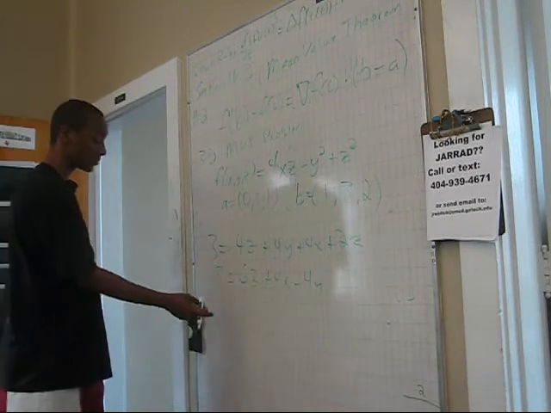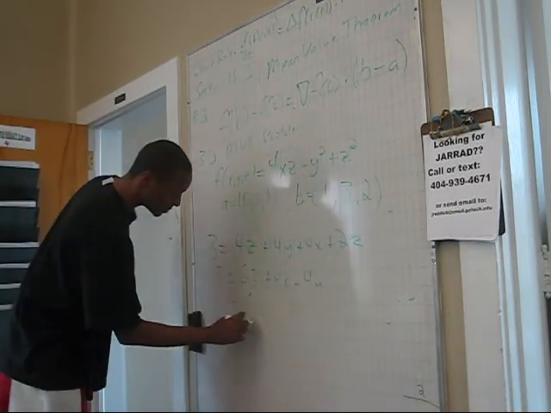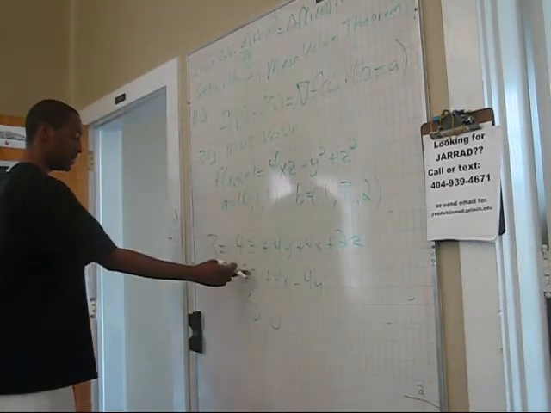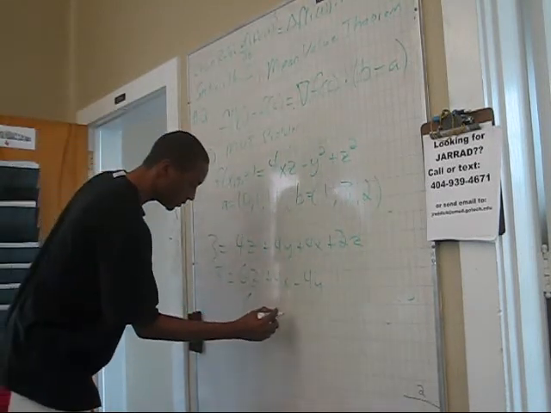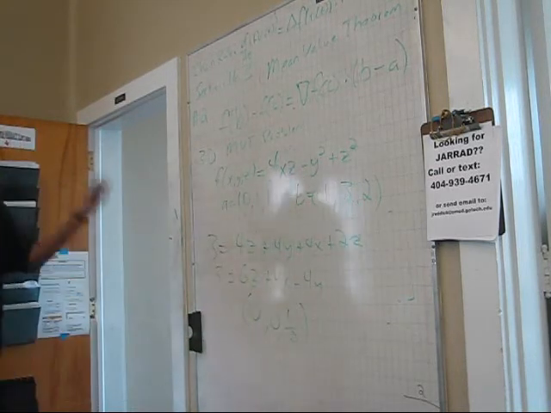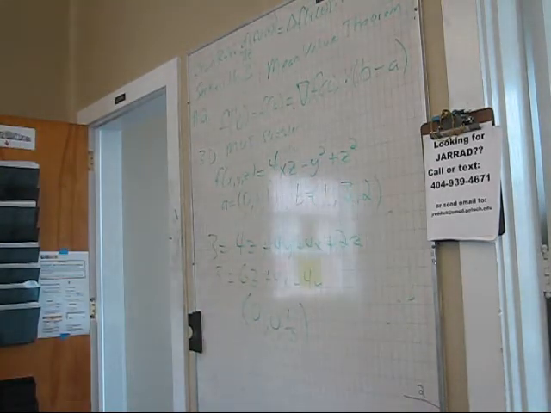So all I want is a 3 over here, so I'm going to choose the points x equals 0, y equals 0, and z equals 1/2. And that solves that equation. There are a number of solutions, that's just one of them.